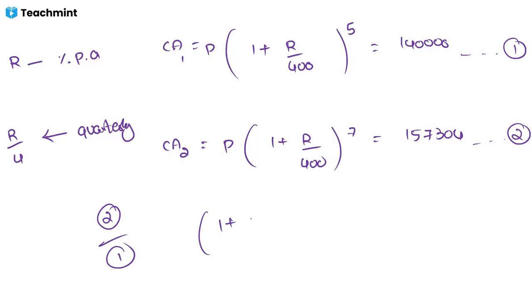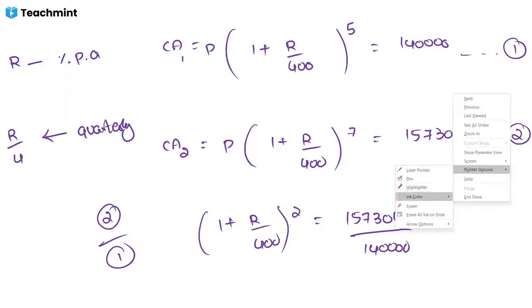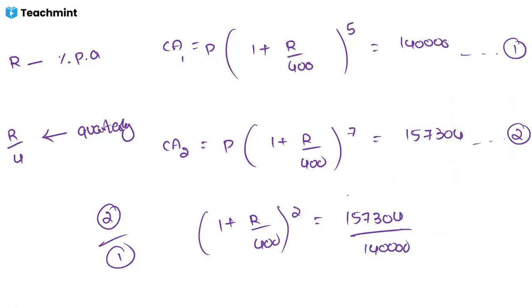I got (1 + R/400) whole square is this. So definitely on the right-hand side also there is something squared. After cancelling the common terms, might be there is some common term divided by 4. If we cancel with divide by 4, after that it seems like there is some square. This will form some square. Yeah, this is divided by 4. Okay, you can try 4, 3 times, 9 times.